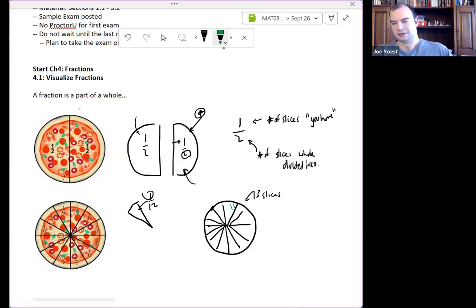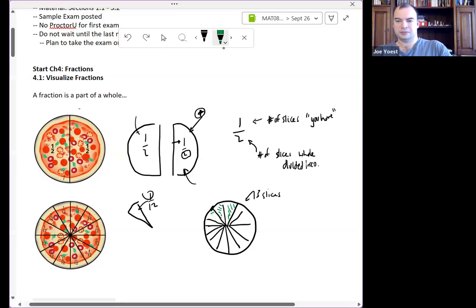And maybe I have 1, 2, 3 of those slices that belong to me. It could be these 3, right? It could be that one, this one, and this one. These slices are all interchangeable from our perspective anyway. So if I had 3 slices, maybe I just make it these 3.